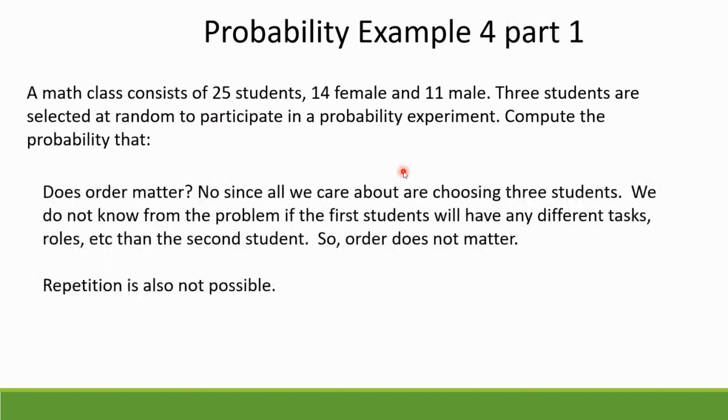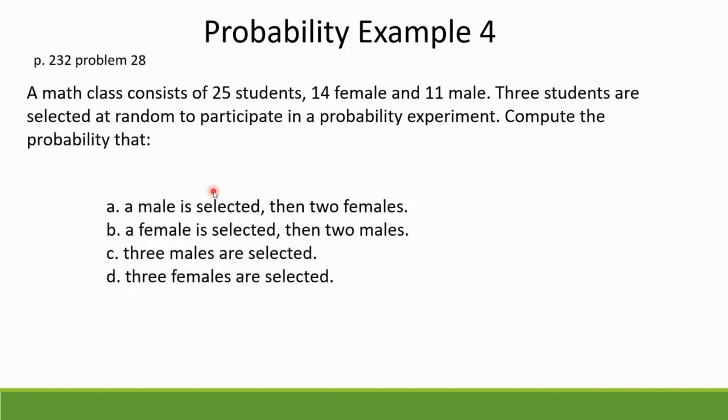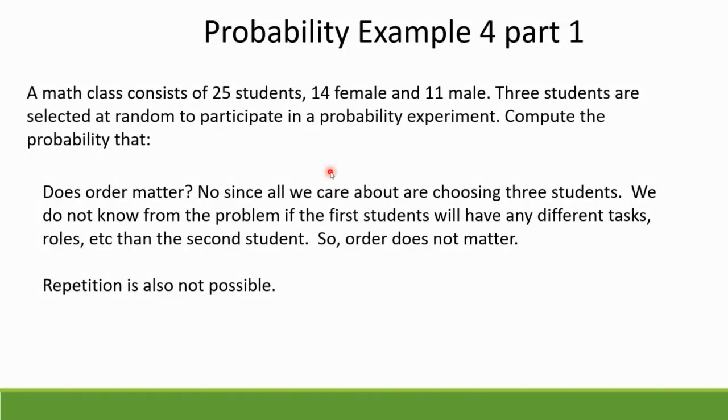For the first one, we are going to find the probability that a male is selected, then 2 females. Now here, order does not matter. Why?